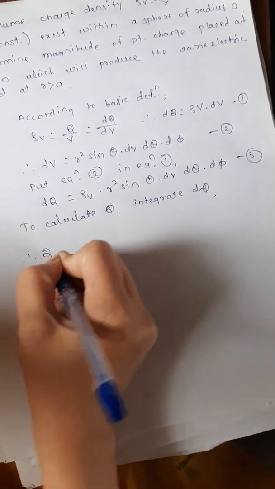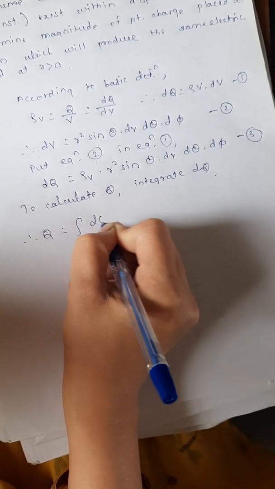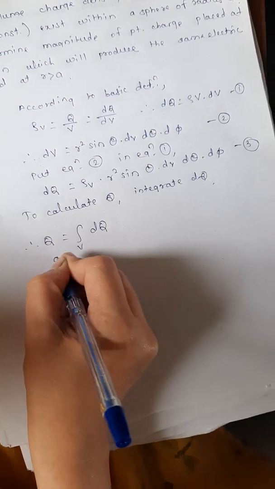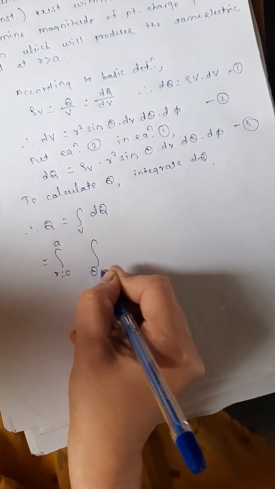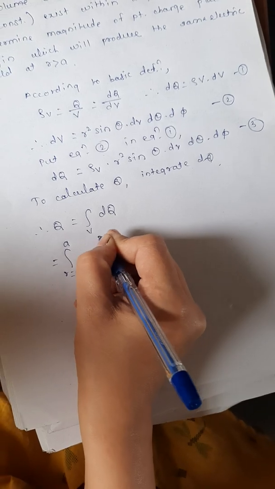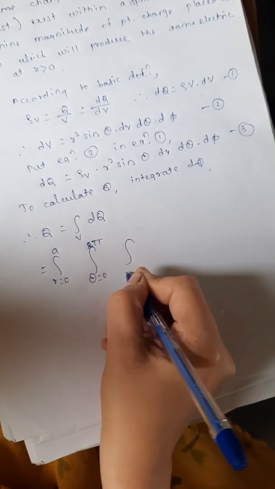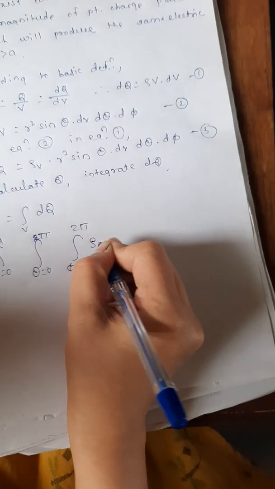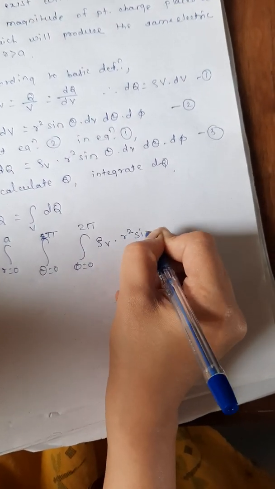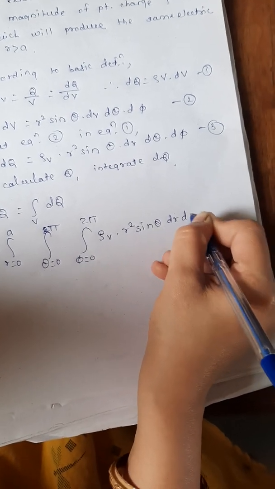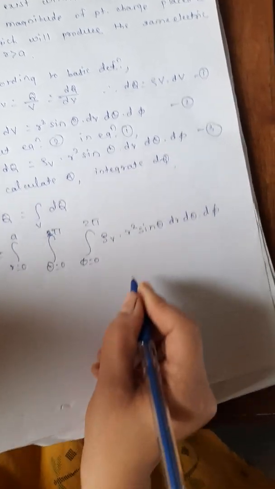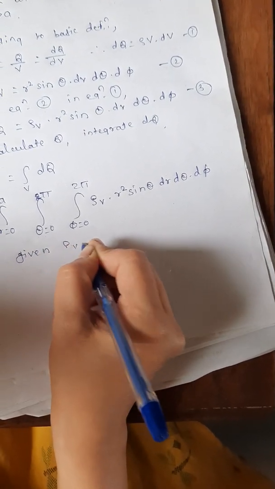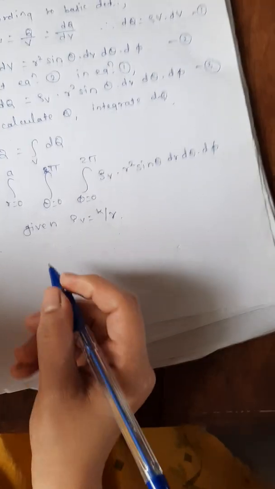So q is equal to the integration of dq. We substitute here, r varies from 0 to a, theta varies from 0 to pi, and phi varies from 0 to 2 pi, of rho v r square sin theta dr d theta d phi. Now what is given? Given is rho v is equal to k by r.